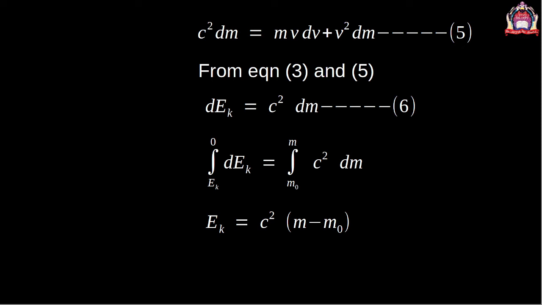When the body is at rest, the internal energy stored in the body is m0c². So m0c² is called the rest mass energy. The total energy E of the body is the sum of kinetic energy and rest mass energy m0c². So substituting, total energy E = Ek + m0c².